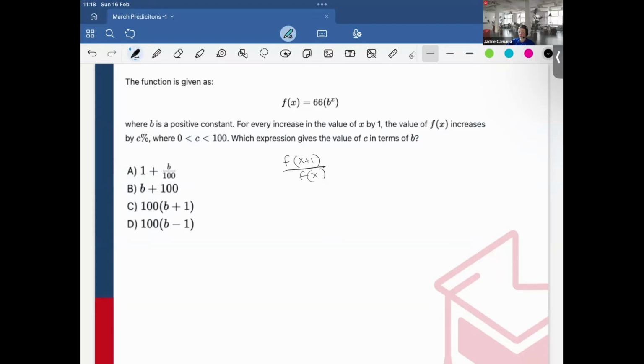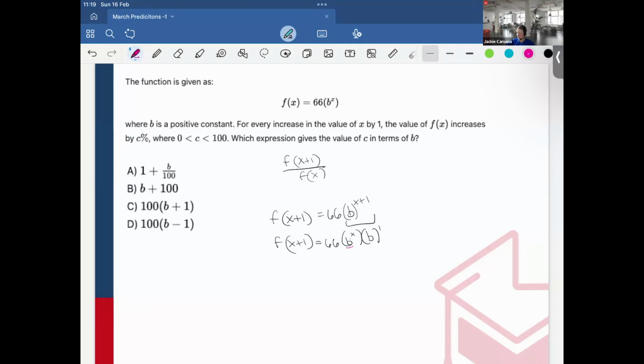So I'm going to try to find what f of x plus 1 over f of x is. Let's do that. So I just have to substitute x plus 1 here. 66 multiplied by b to the x plus 1. Amazing. So another way I could express this with just doing laws of exponents, since I'm adding these, it's the same if I were to multiply b to the x by b to the 1.